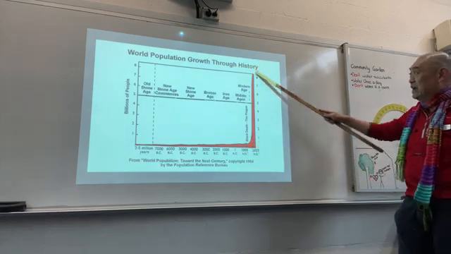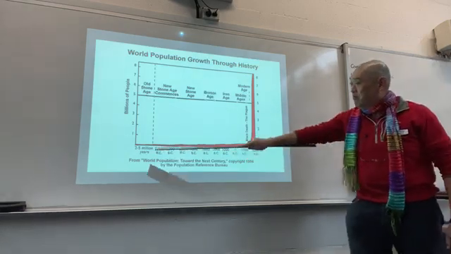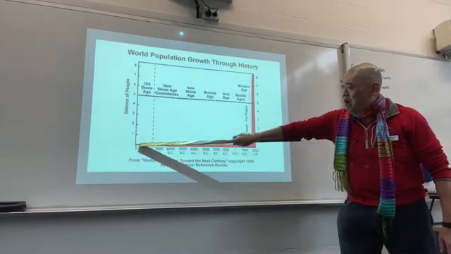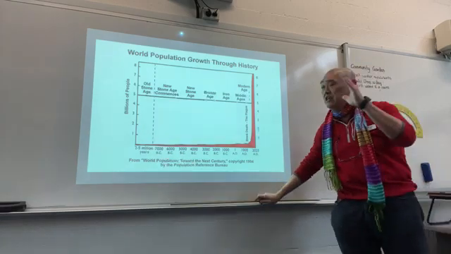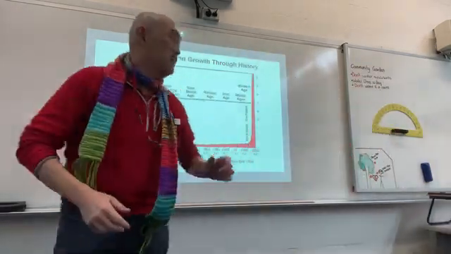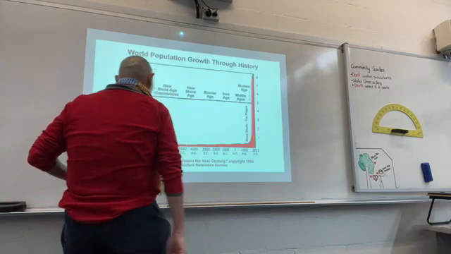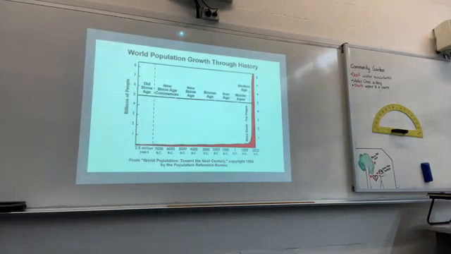Here, there's actually exponential growth. But somewhere around here, just take a snapshot of it. This is actually a really, really long time, from 2.5 million years ago to 2025. All right, 2025 is a prediction.